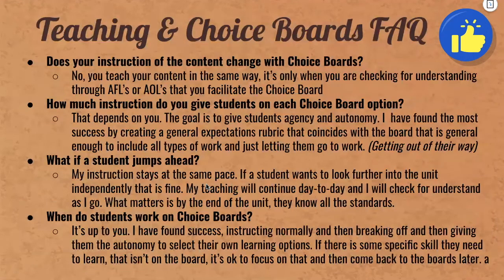The answer is yes. If a student wants to start working and learning ahead proactively, I'm fine with it, because all I care about is that by the end of this unit, they know all these different standards and have all these I can statements mastered. So if they're jumping ahead because they are really excited about that part, that's fine, so long as they get through all the work and all the expectations that you have for the board.